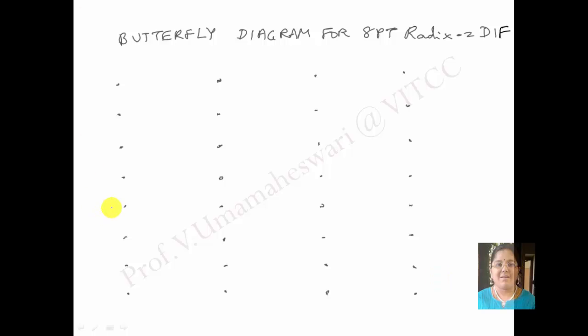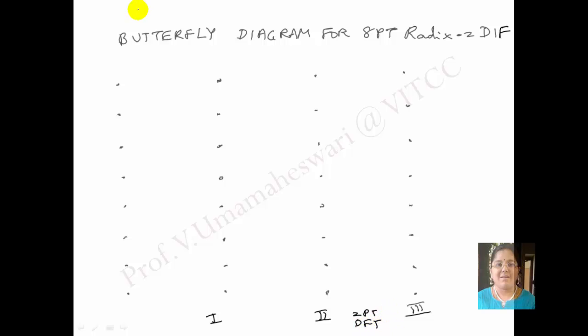So here in case of DIF, the input is given in sequential order. In decimation in time, the input was given in bit reversed order. Here we are giving input in sequential order.